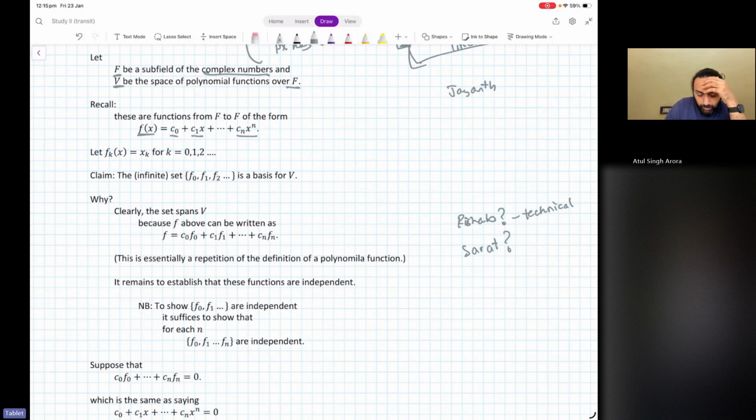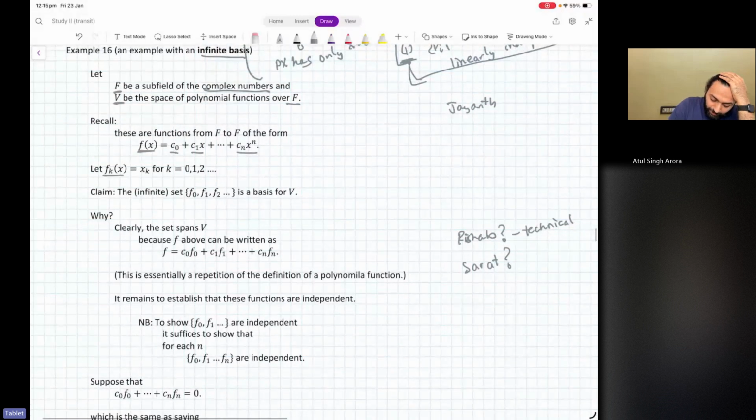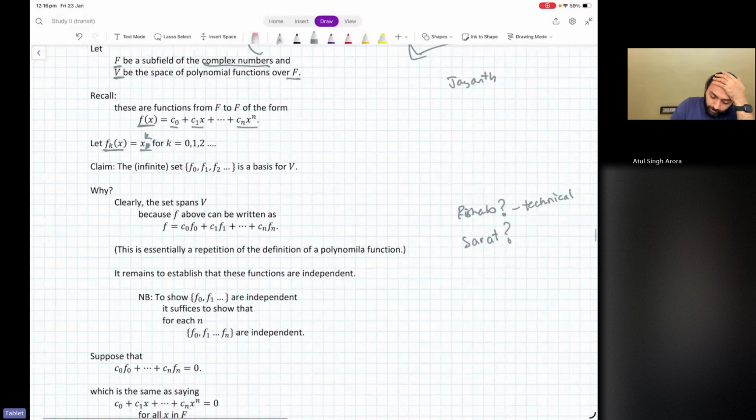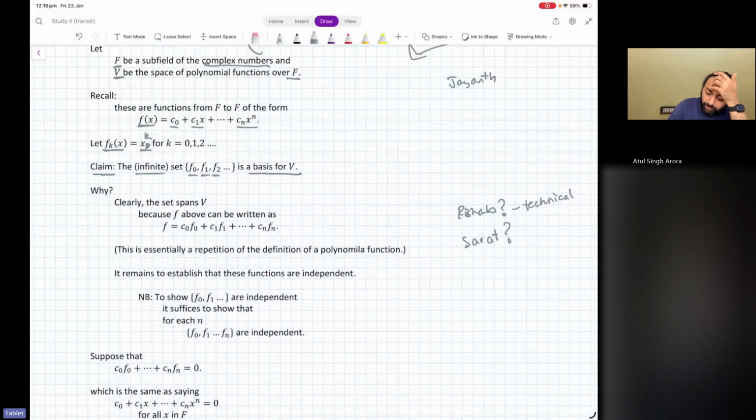Is this definition fine? Yes, sir. Jayant, thank you. All right, and then we can define f sub k to be, oops, it's supposed to be x to the k. Okay, so it's x to the k for k equals 0, 1, 2, and so on. And the claim is that the infinite set f0, f1, f2, and so on is a basis for V.